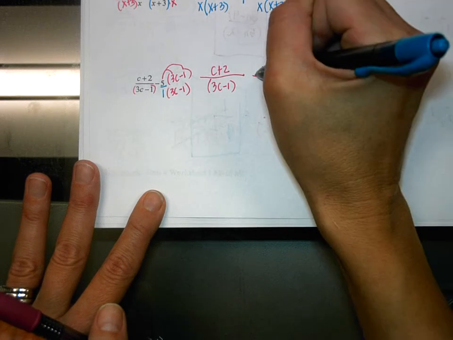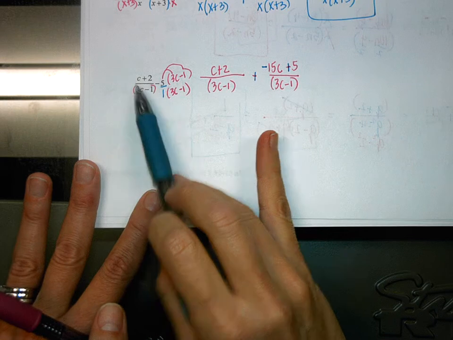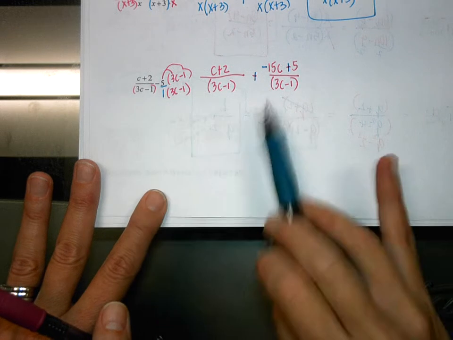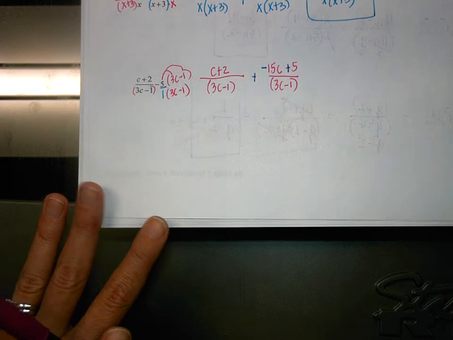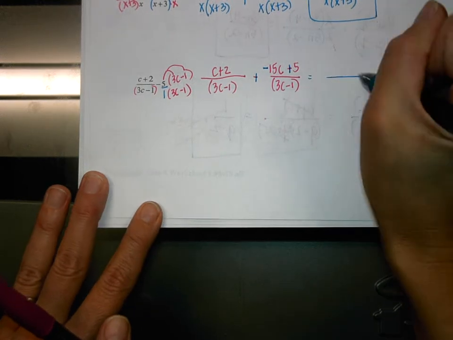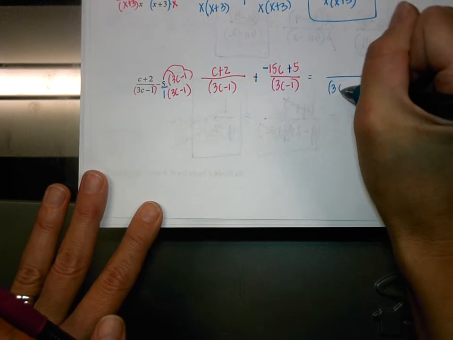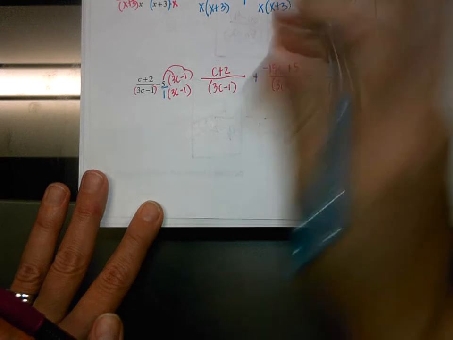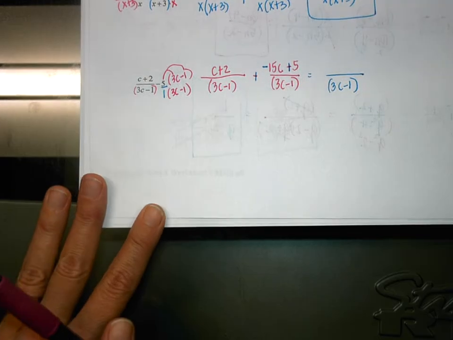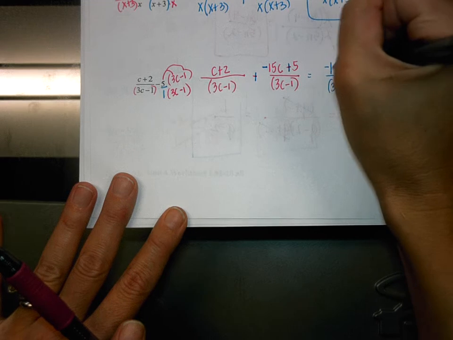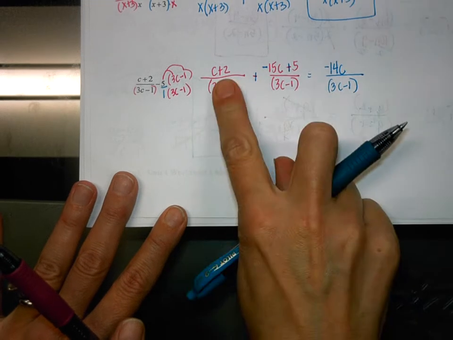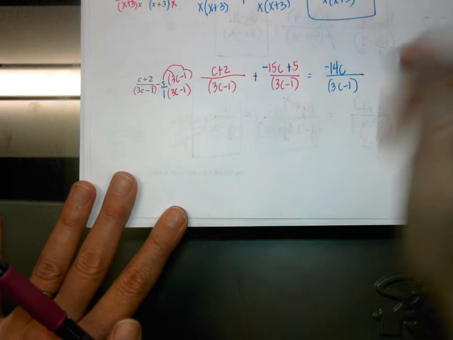Some of you distributed negative 5, which was fine, and then you would just make that a plus. Okay. So keep our denominator of 3c minus 1, and then c and negative 15c make what? Good, negative 14c, and 2 and 5 make 7.